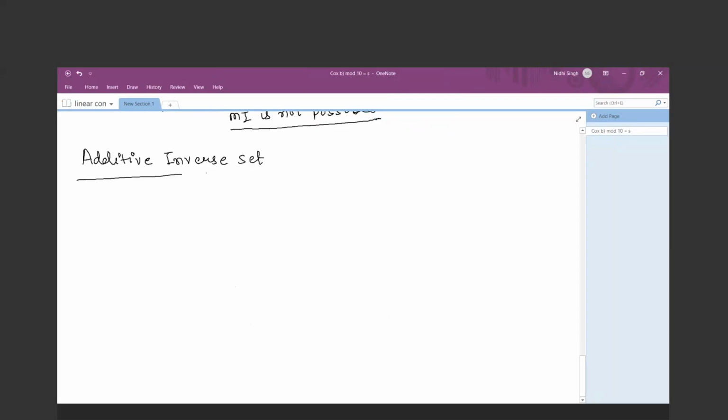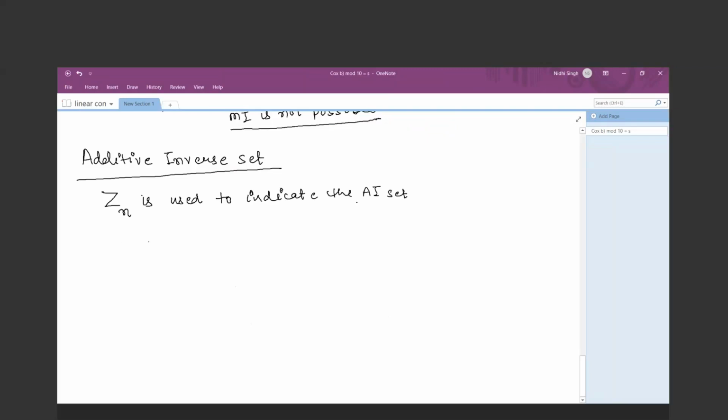So what is the additive inverse set? The set of residues that is indicated by Zn is used to indicate the AI set, that is additive inverse set.